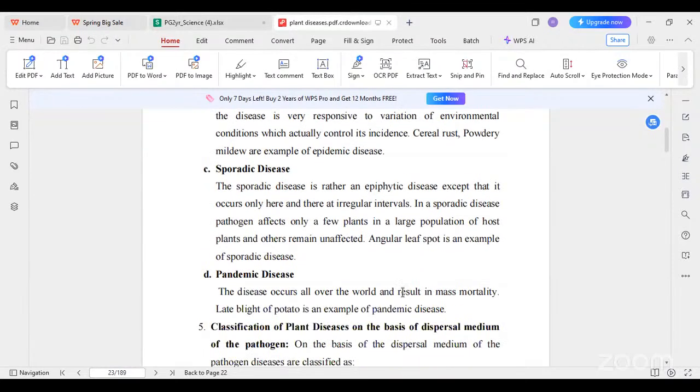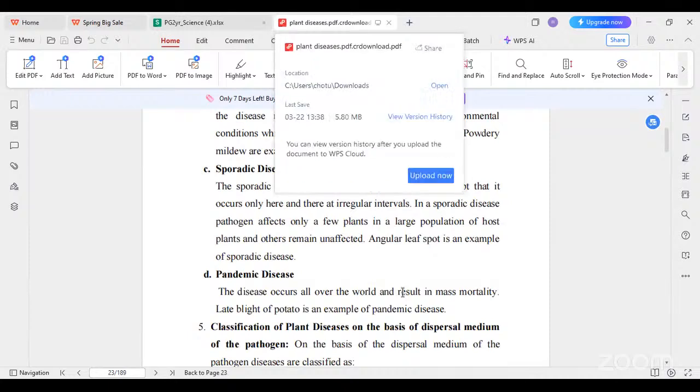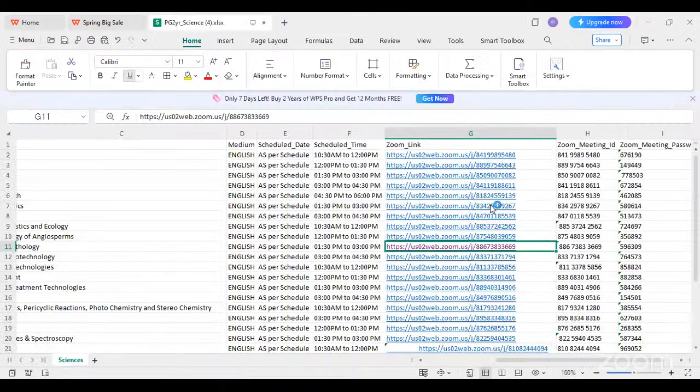Next is the sporadic disease. The sporadic disease is rather like an epiphytotic disease, except that it occurs only here and there at irregular intervals.